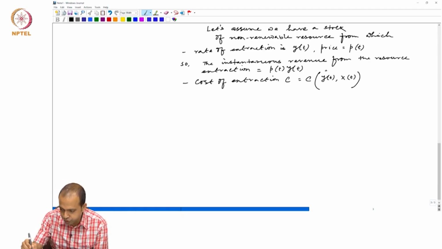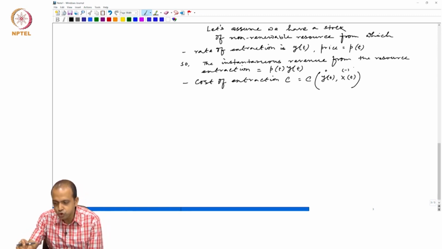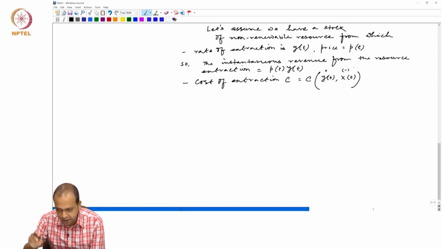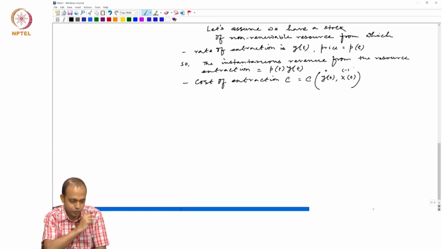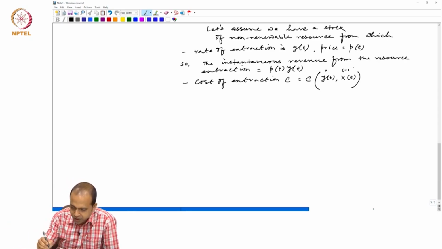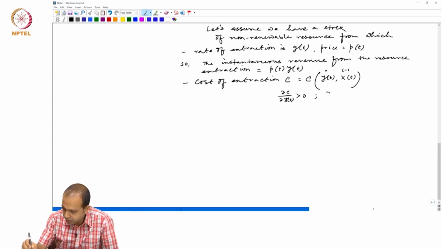If you have more stock, cost of extraction is less. If the rate of extraction is more, then cost is more. So, that is how we assume that del C del YT is positive and del C del XT is actually negative.